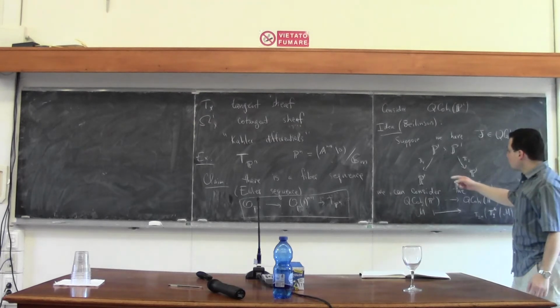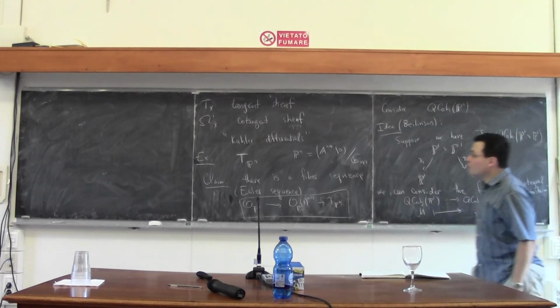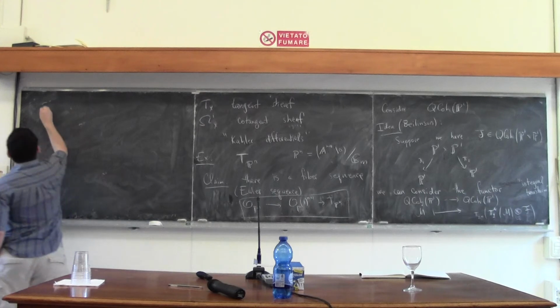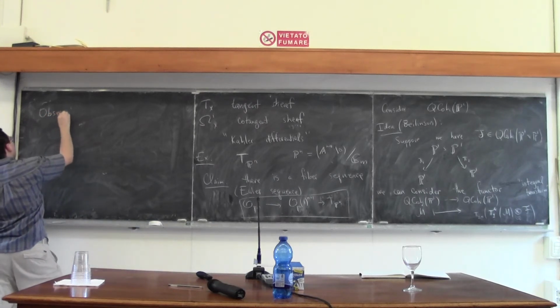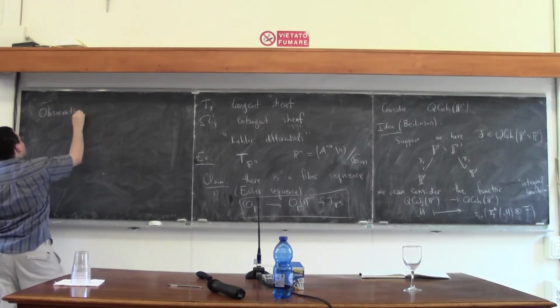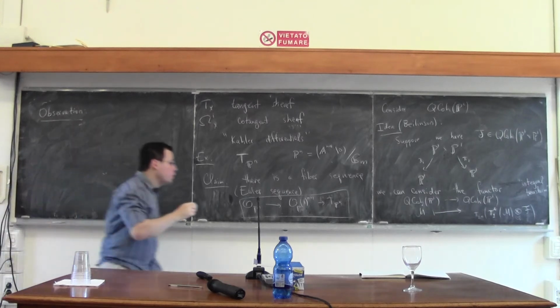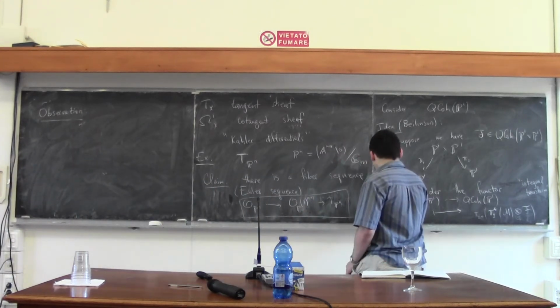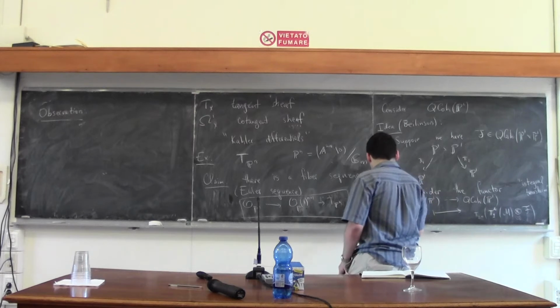So the observation. Oh yeah, let me give this functor a name. Let's call this phi sub f.